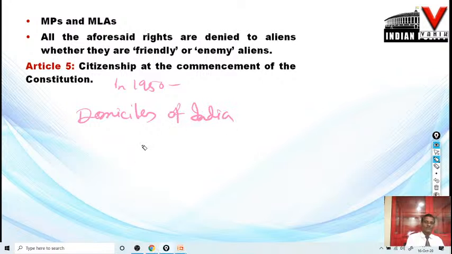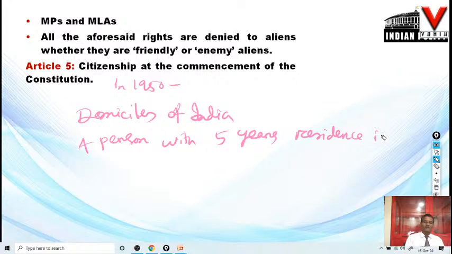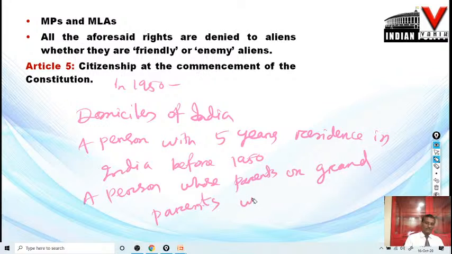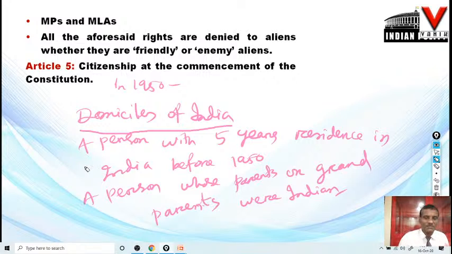Those who were domiciles of India, permanent residents, a person with 5 years residence in India before 1950, and a person whose parents or grandparents were Indians. So under Article 5, these are the persons who became citizens of India at the beginning of the constitution.